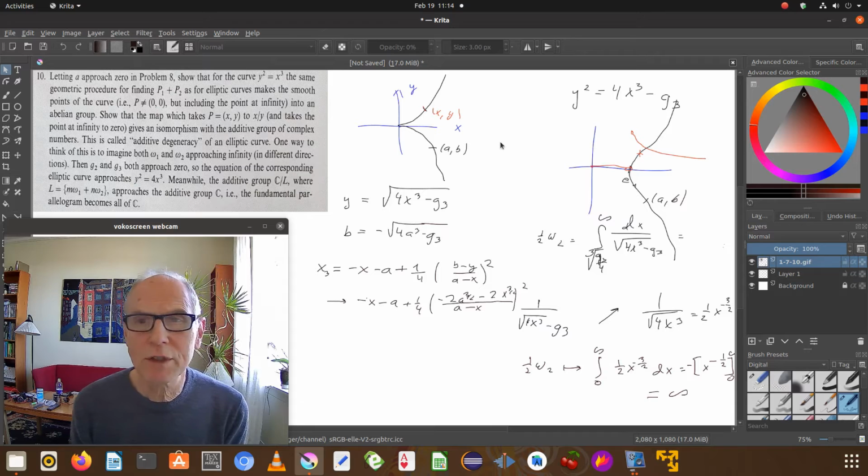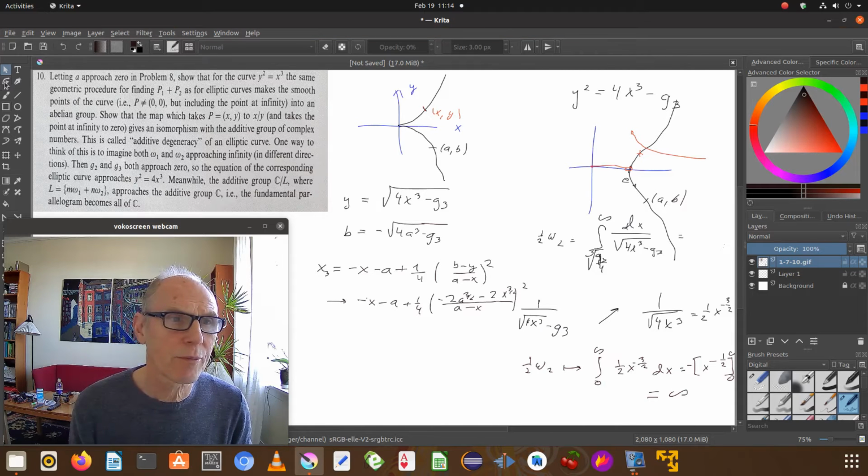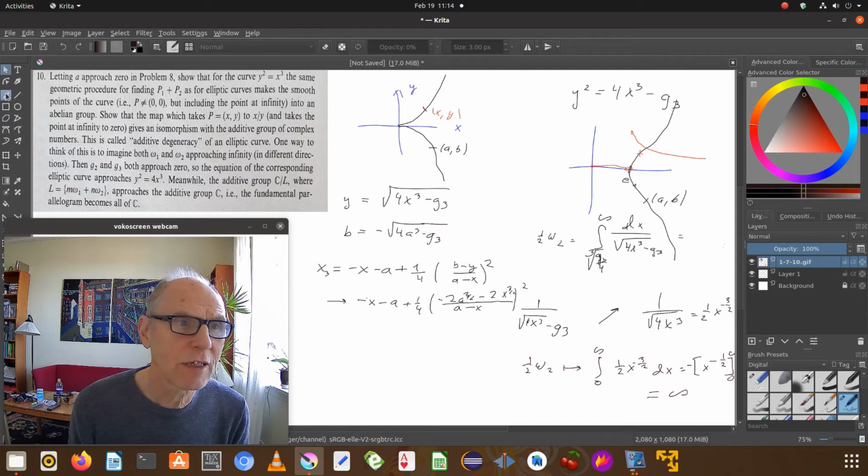So we have to consider this as a complex projective curve. And then we map x to x divided by y.